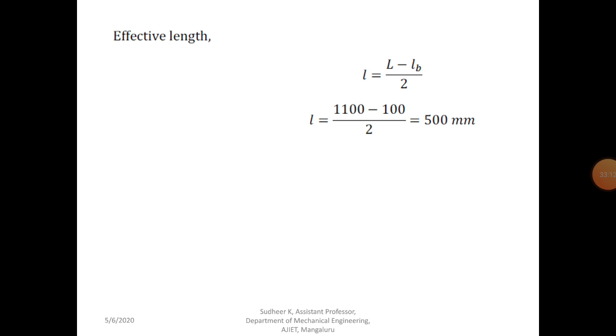First we need to find the effective length of the leaf spring. That can be calculated with the equation L minus LB divided by 2. You subtract the band length from the overall length to get the effective length.